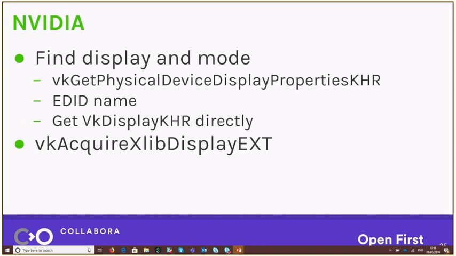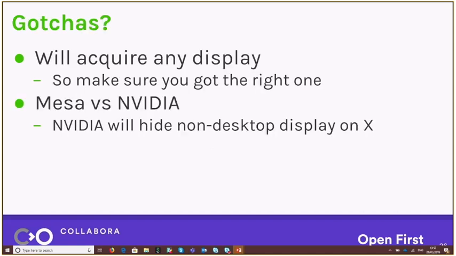It's similar for NVIDIA, but unfortunately NVIDIA hides the display completely from the X server. So we need to look through all of the Vulkan abstraction of the displays, look at the EDID name, and try to figure out the exact one. And then we get it in the same function again, and then we're done.